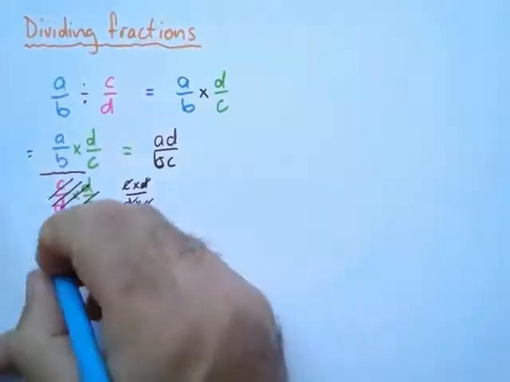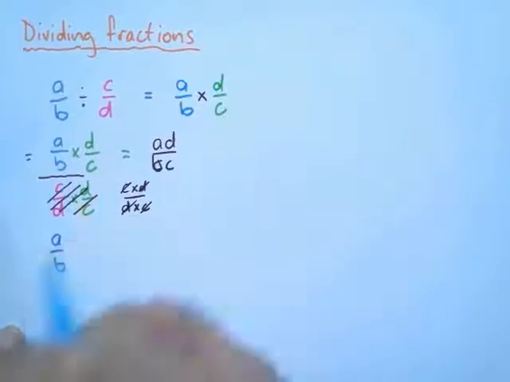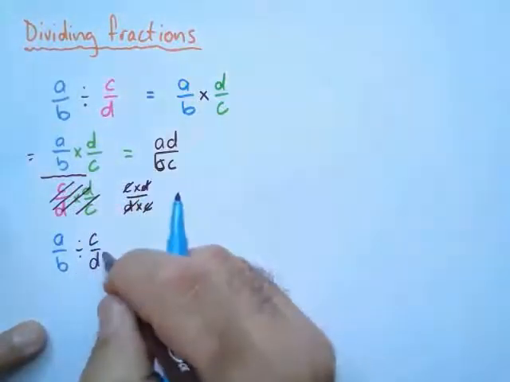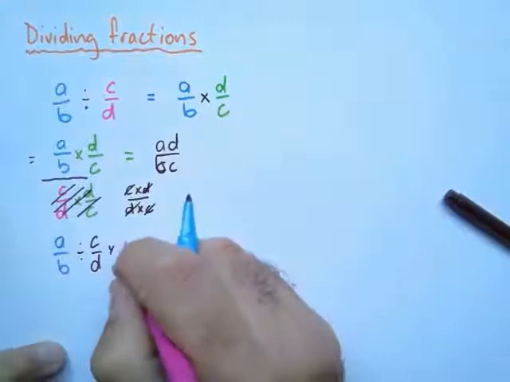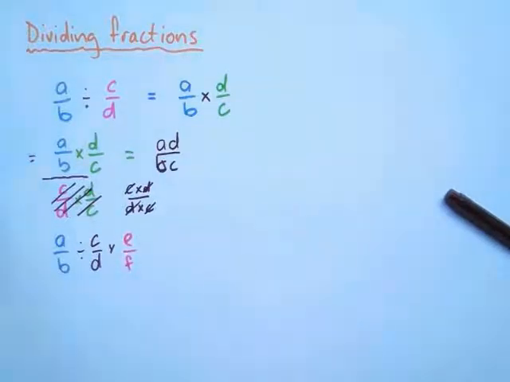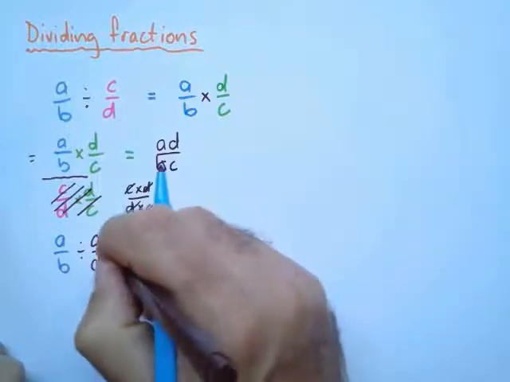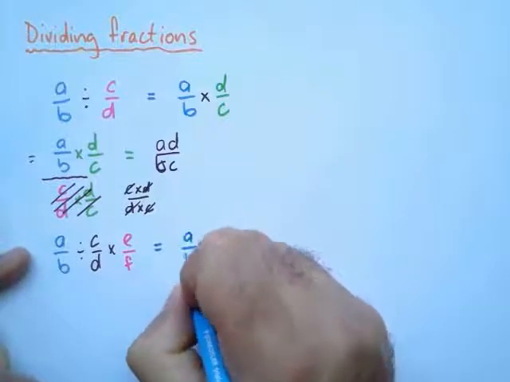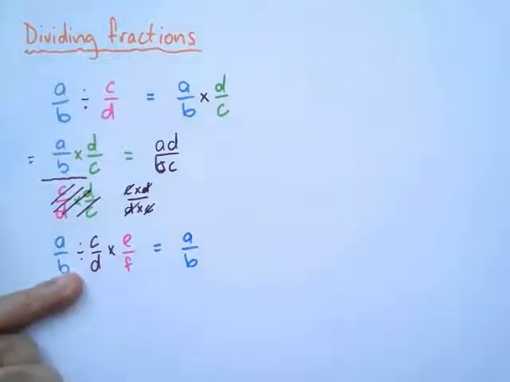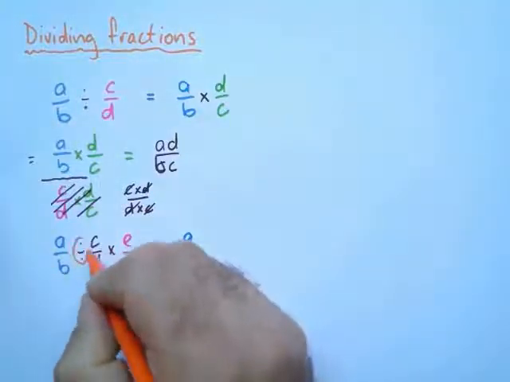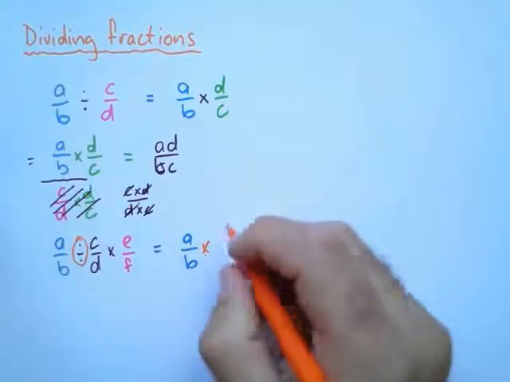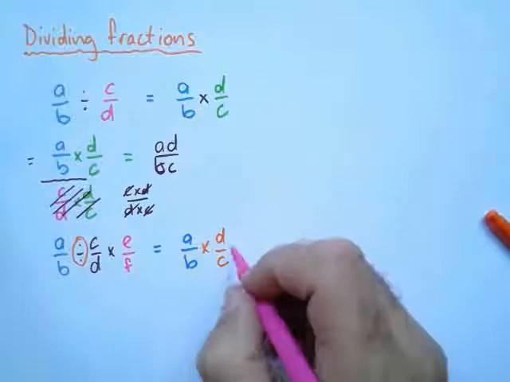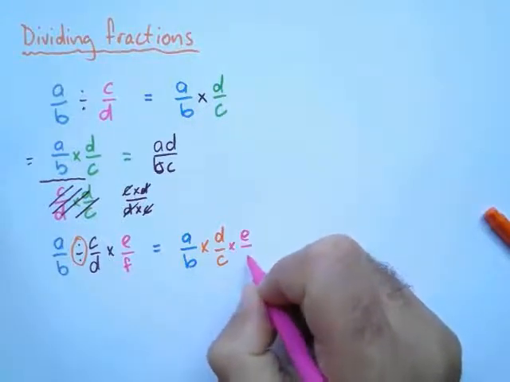Another common mistake is the following. If I have A over B divided by C over D, multiplied by E over F, this will equal A over B stays as it is, the division becomes a multiplication, and C over D is swapped around, so it becomes D over C. E over F, nothing changed there, it stays exactly the same.